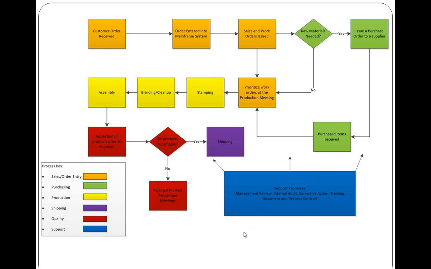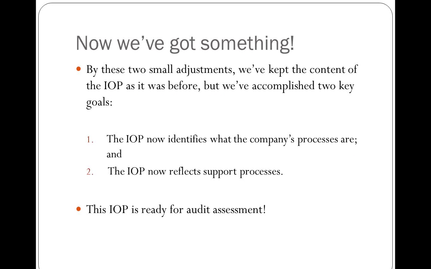So we now have 6 named processes, and we have a way of designating what are the pieces of those processes. As you can see, we've kept the content of the IOP as it was before, but we've accomplished 2 key things. We've now identified what are the processes, and we've added a measure so that we know what the support processes are. This is an IOP that will pass audit assessment.